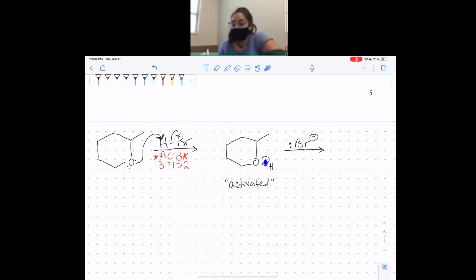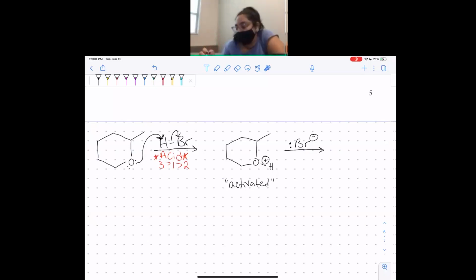Having that positive charge makes it easier to break the bonds. The more positive it is, the more it wants to break one of these bonds so it can take those electrons back for itself. That's why we consider it activated, because it's more reactive now. Does that make a little bit more sense?